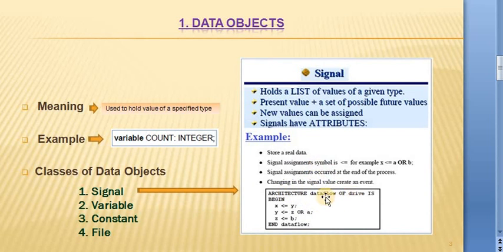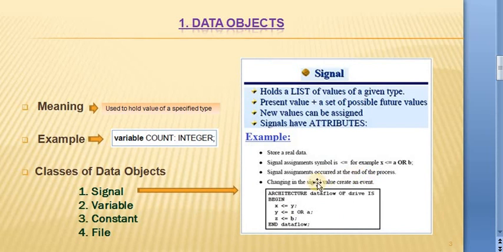So here the signal declaration is done as per the signal syntax, which is signal name X with the type, such that X is less than or equal to A or B. So here the signal assignment symbol is X <= Y, which says that Y is equal to Z or A and Z is equal to B. So in this way the signal assignment occurs at the end of the process which stores a real data.